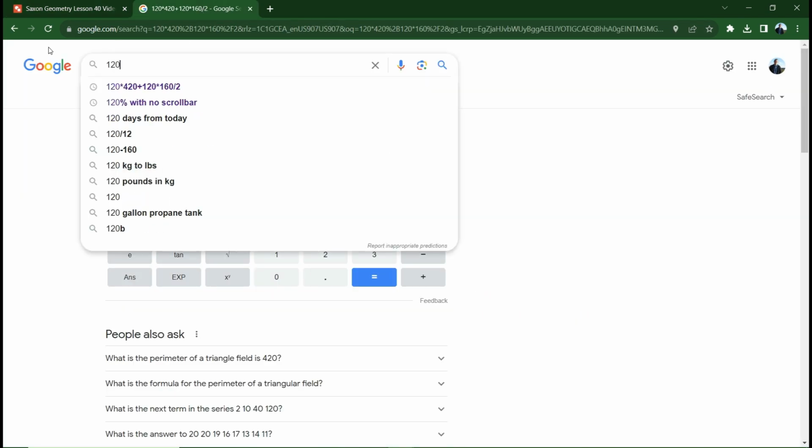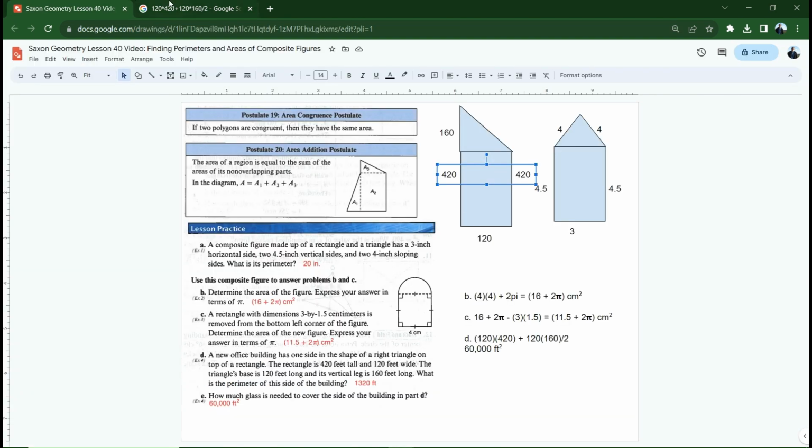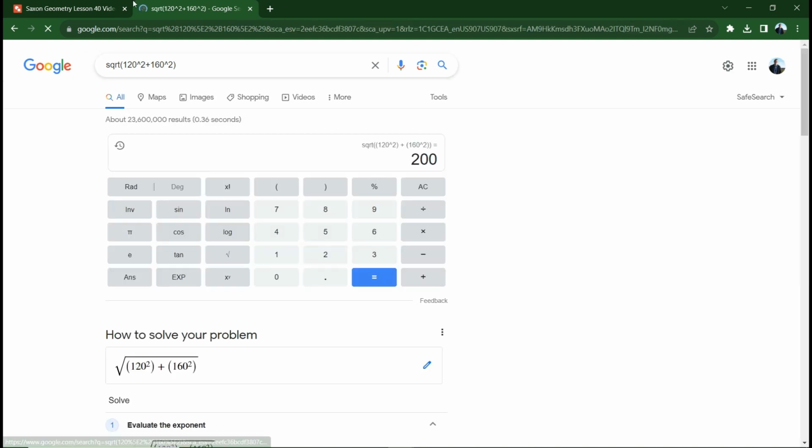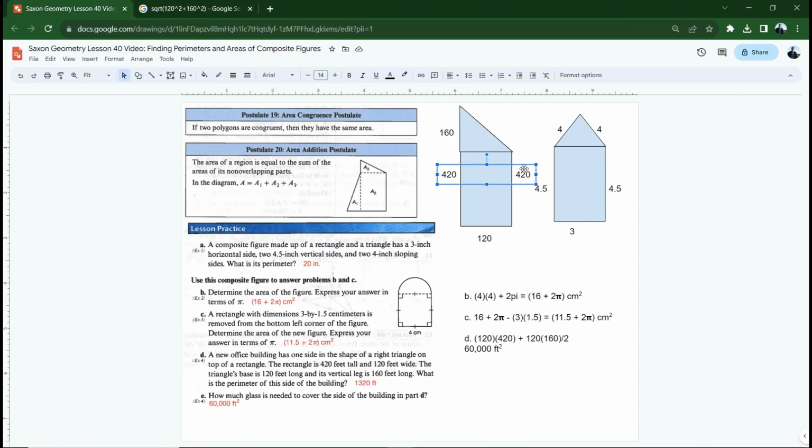So 120 squared plus 160 squared, and I want to take the square root of that number. So I use the Pythagorean theorem to find this top side of my right triangle right here. It came out to 200 feet.